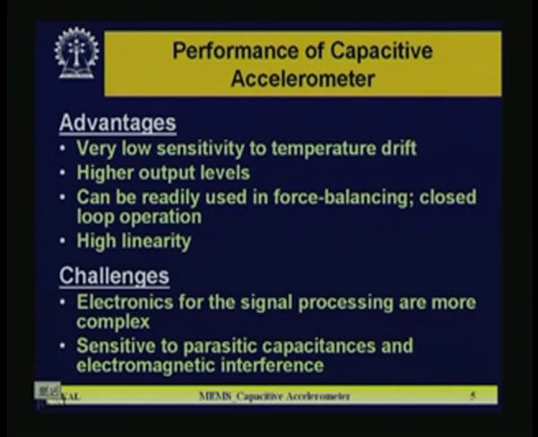If you connect this accelerometer in a closed loop operation, you can use it for a force balancing mechanism, and high linearity is achieved. On the other hand, there are certain challenges, which we can say are limitations of capacitive accelerometers. What are those? First, the electronics for the signal processing are more complex.